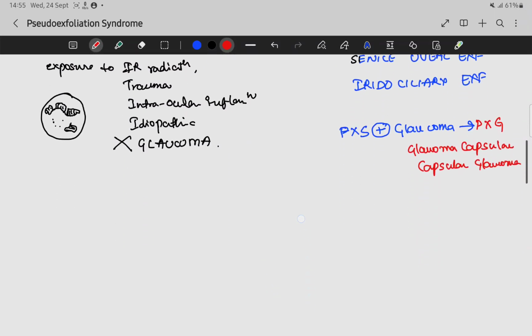So the prevalence of this increases with age, and it's most common in age above 60 to 70 years. It can be either unilateral or bilateral, and 40% of patients with pseudoexfoliation syndrome develop glaucoma.